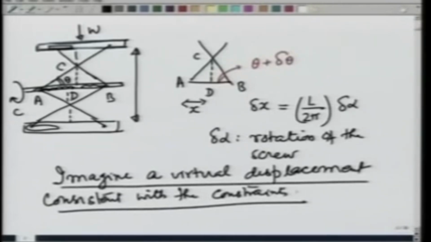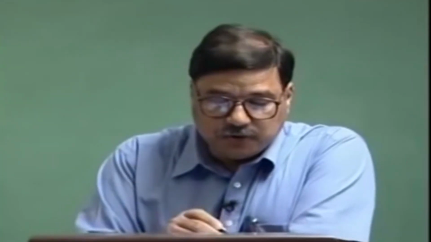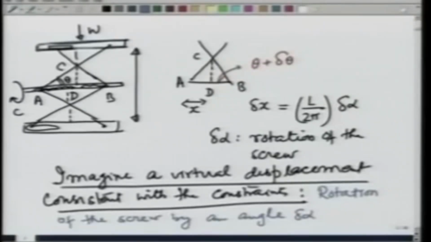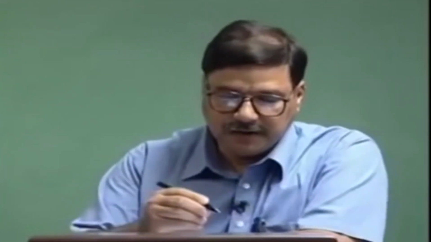And that virtual displacement is going to be rotation of the screw by an angle delta alpha, and that causes shortening of the distance between A and B and increase in the distance CD. From that I can calculate the virtual work done by applying the torque and the virtual work done against the weight, and making the sum total of that virtual work 0 would give me a relationship between the torque C and the weight W. Let us calculate that now.